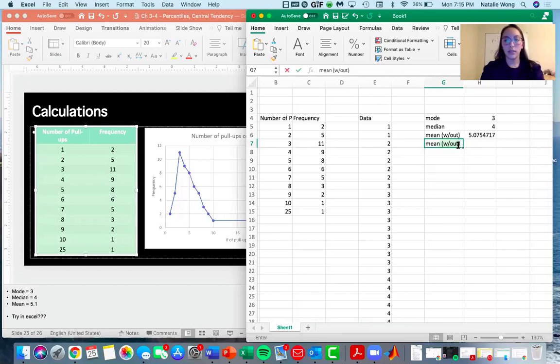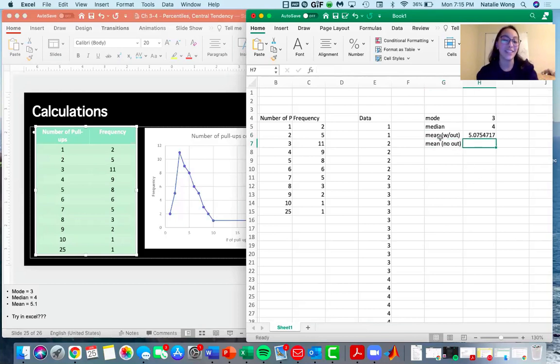If we calculate the mean, I just realized this is kind of confusing. With the outlier, this one will be, I'm just going to say no outlier.